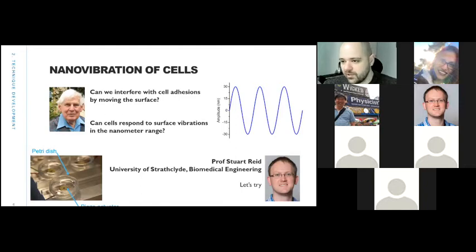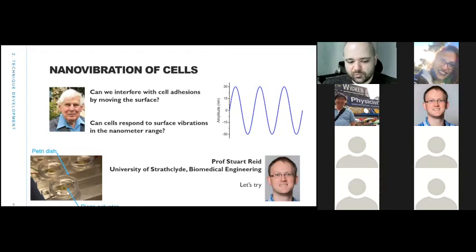And it was my PhD supervisor, Stuart Reid, who answered the call. He, at the time, was in gravitational wave research at the University of Glasgow, and now he's in biomedical engineering at Strathclyde. But he helped Adam set up initial experiments vibrating Petri dishes with nanometer size amplitude vibration.